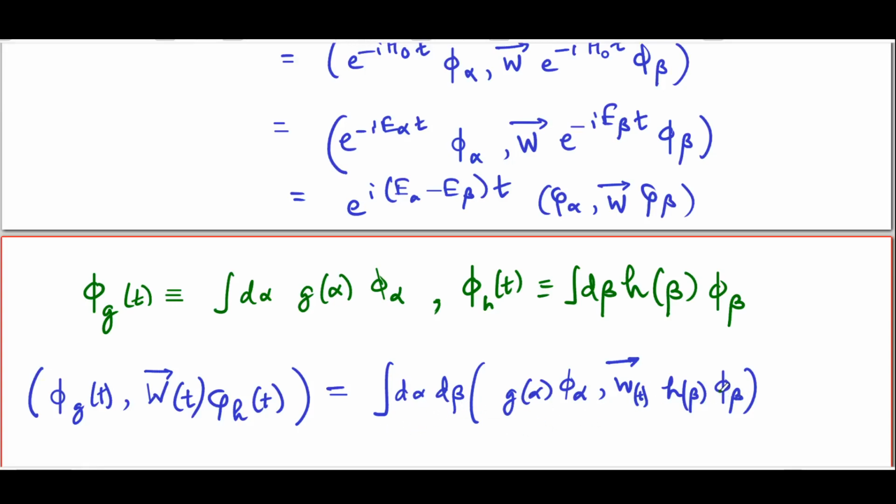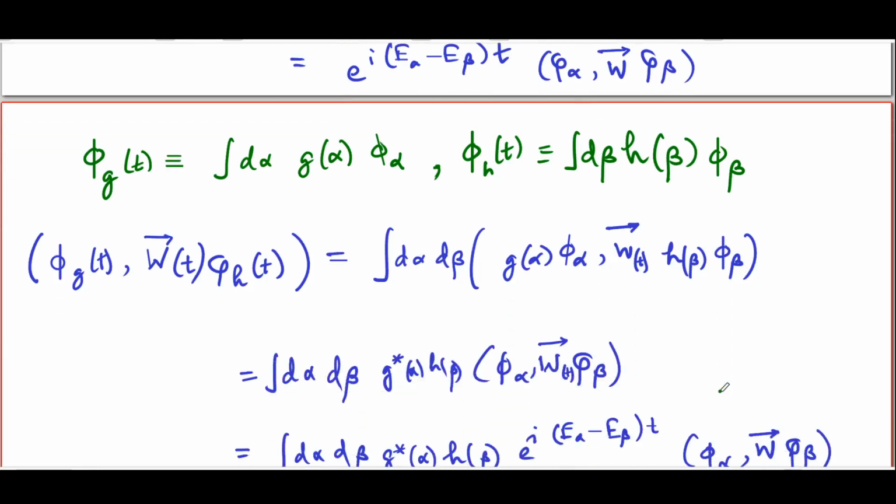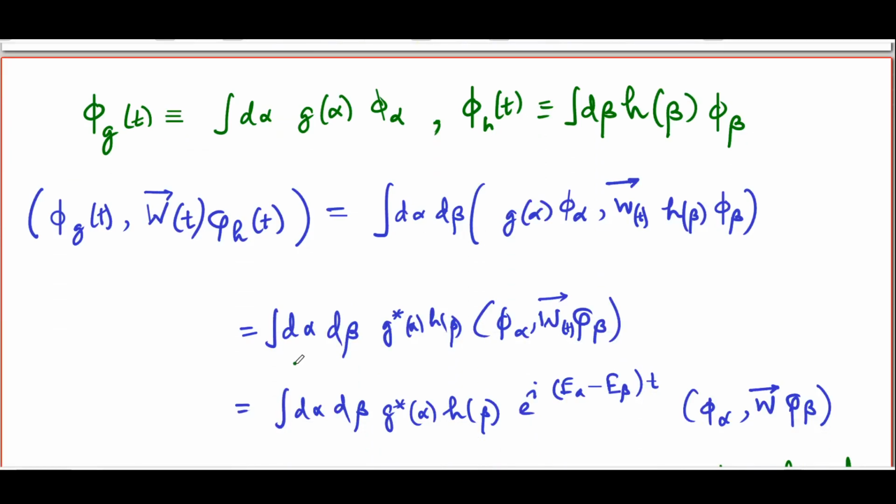You end up with an integral over α and β of this inner product, and once again using the linearity properties of the inner product, what we end up with is this expression: dα dβ gα* hβ times the inner product of φα with W(t) φβ, which we have just now worked out, and that gives us this expression ultimately. Note that this is the only time dependent term in the whole expression. Everything else is independent of the parameter t.